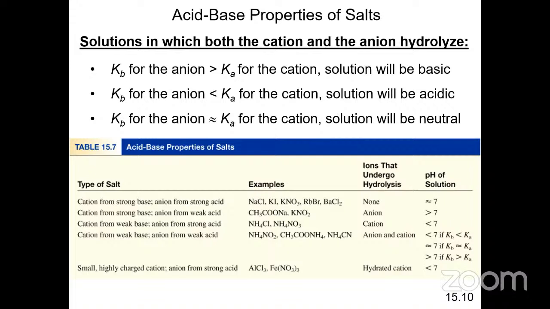That's because the highly charged ion will interact with the water, as I showed you in the case of the aluminum ion, to hydrolyze it so that hydrogen ions will be produced. All right, so that's basically how you can summarize whether or not a solution of a salt will be either acidic, basic, or neutral. Okay, any questions about this?